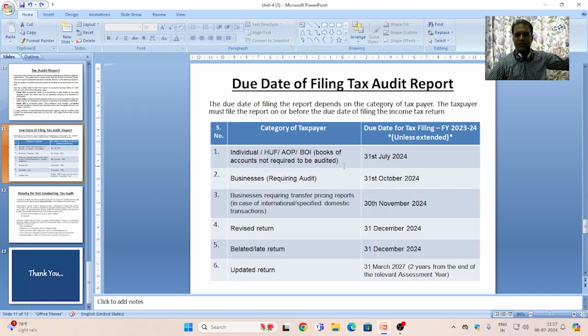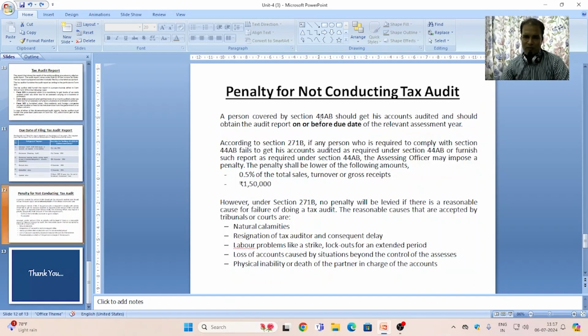After that, we discussed the due dates for filing income tax return by various categories. These categories of taxpayer and their due dates are as per financial year 2023-24 or assessment year 2024-25: individual, business requiring transfer pricing, revised return, belated return and updated return. And the last is the penalty for non-conducting of tax audit.